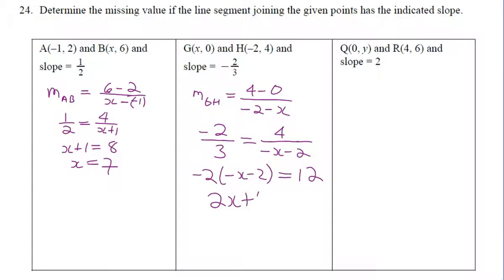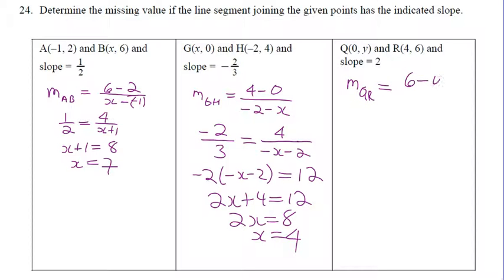So 2x plus 4 is 12. All right, maybe I should make a mistake on purpose this time. You know what, let's do y minus 6 instead.